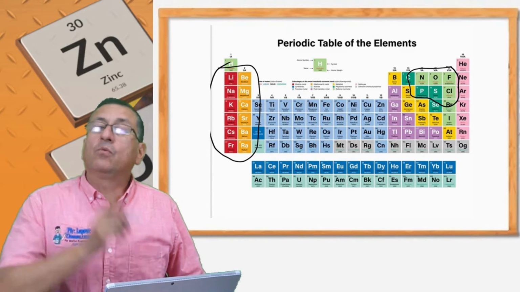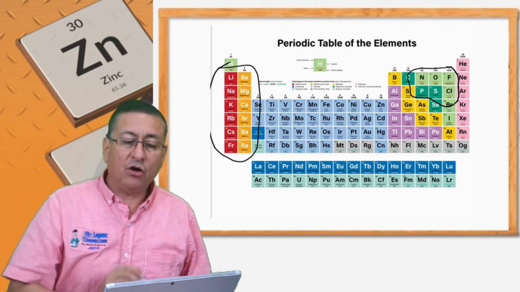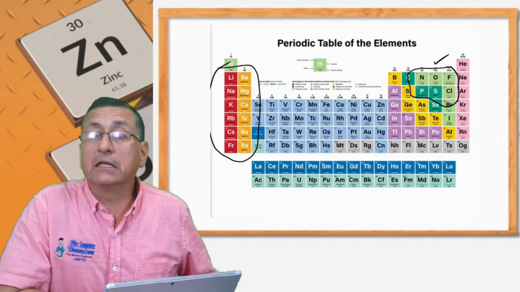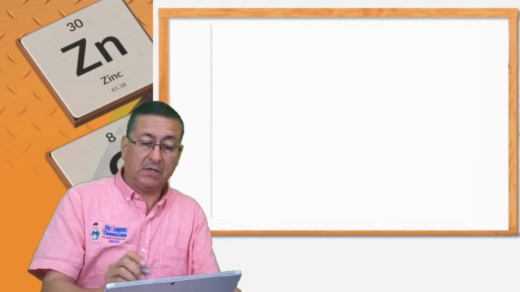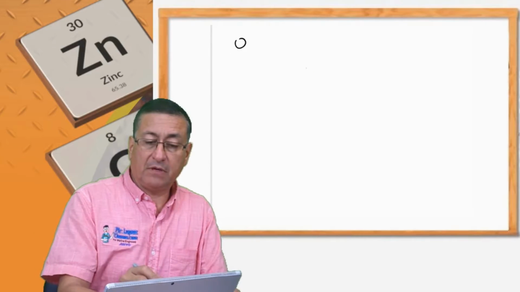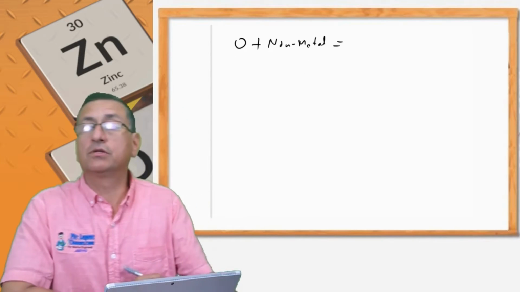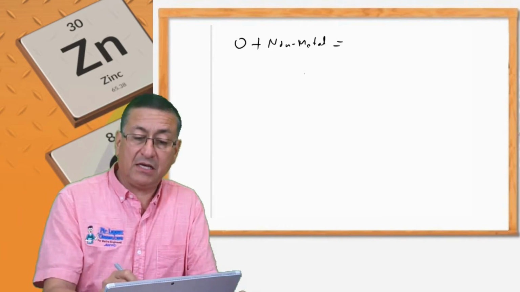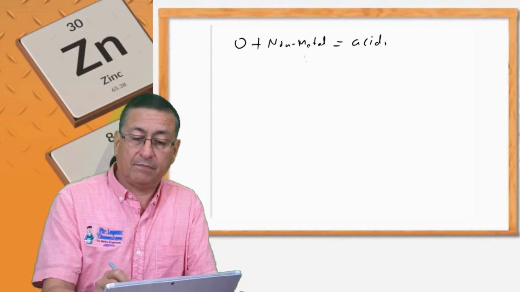Another group is located here, the alkali elements. When the oxygen is combined with this group of non-metals, oxygen plus non-metals, you remember what is the product? Oxygen plus non-metal produces acidic oxide.